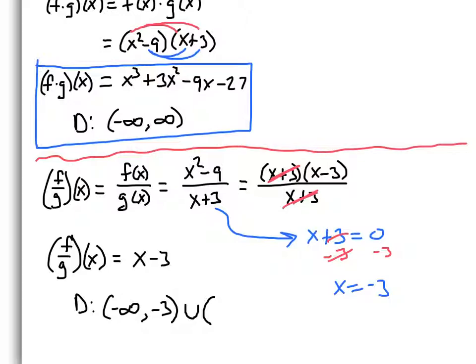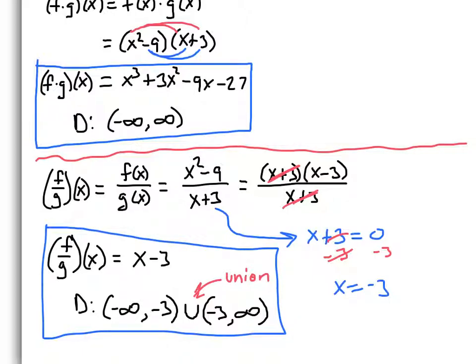I want to go from negative 3 to positive infinity. So the U for union means that I am taking the interval from negative infinity to negative 3 and the interval from negative 3 to infinity together. I want the union of those two intervals as my domain. And so then that is our final answer.